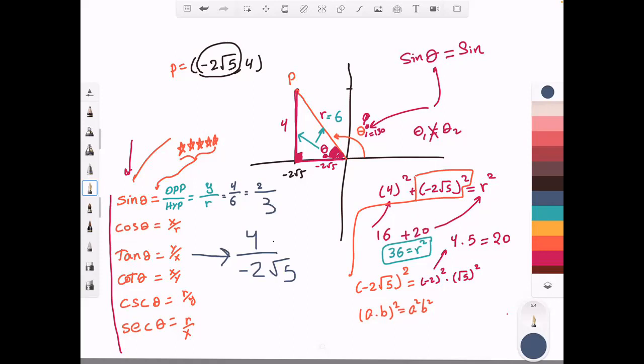You need to, you're going to multiply by √5. 4 and 2 will cancel. This gives you -2√5 over 5. All right. So secant and cosecant are the same. Your job is that we cannot have a radical in the denominator.